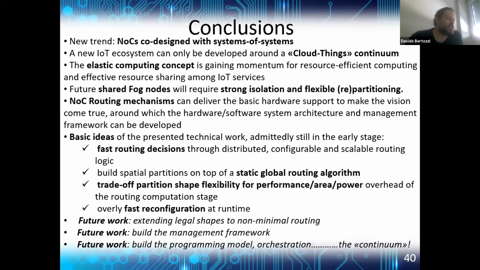Then there is this question about using a flooding scheme to reconfigure routing for irregular partitions. So maybe here I don't understand clearly the question. We can interact via email, because the way you see it, the problem is not reconfiguring the routing, because for reconfiguring the routing, here we have a separate time division multiplexed NoC, which is an elegant way not to interfere with the main partition NoC while still being able to reconfigure its switches.